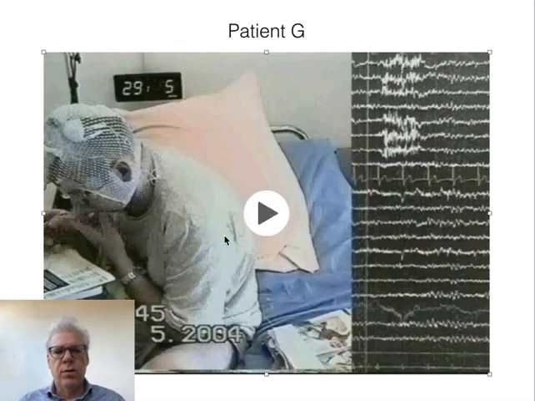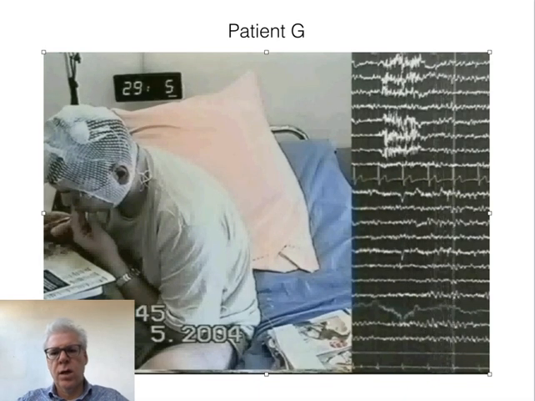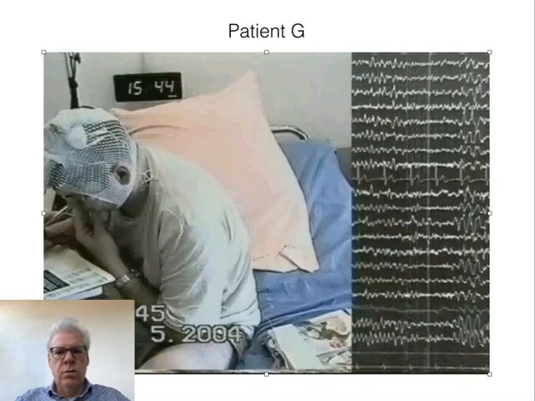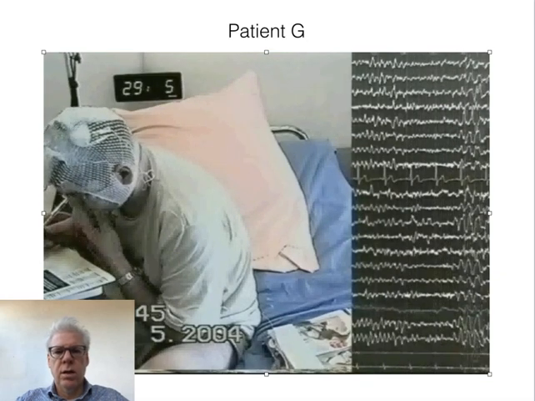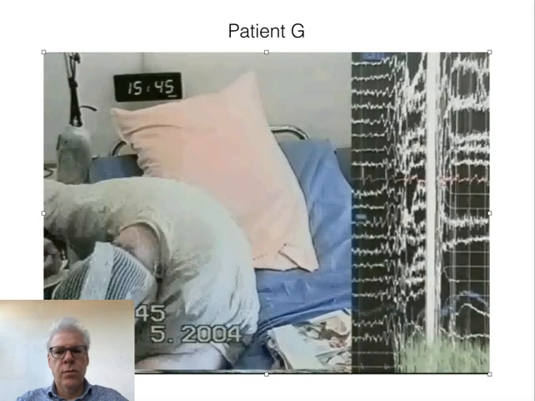Now let's have a look at what happens to the patient while he is reading. So nothing really going on yet, except for now.